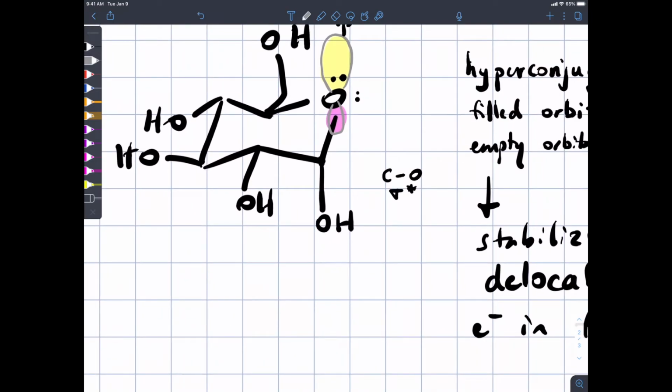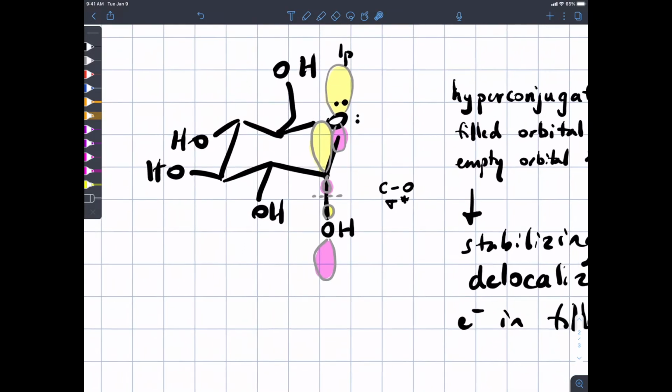You may not have drawn antibonding orbitals before, so what I'm going to draw now may seem a little bit unusual to you. But this is what a sigma star antibonding orbital looks like. An antibonding orbital is made every time you make a bonding orbital, and the antibonding orbital is empty. And so you can think of an antibonding orbital as the place where electrons would go if you had more of them.